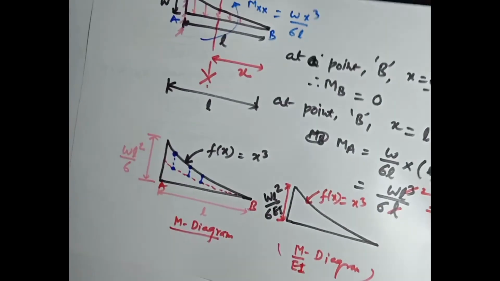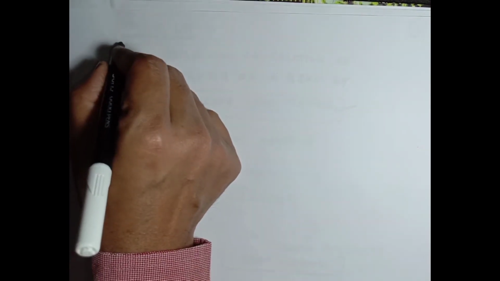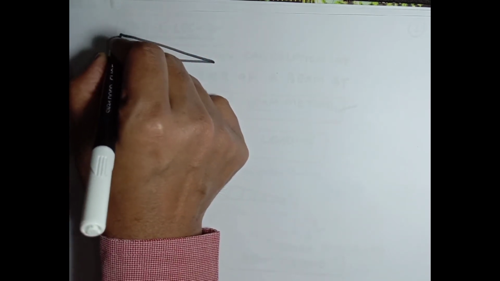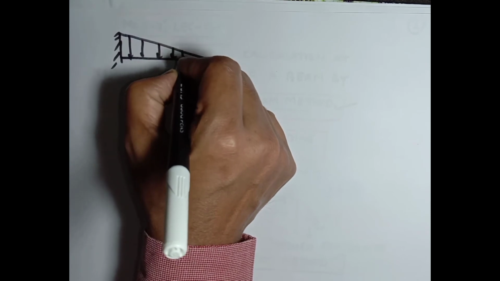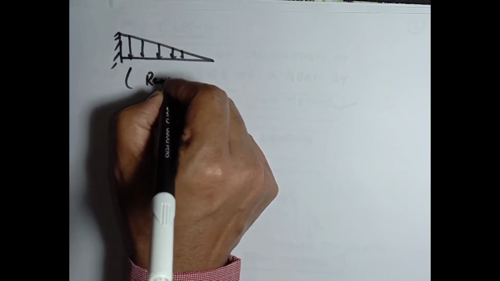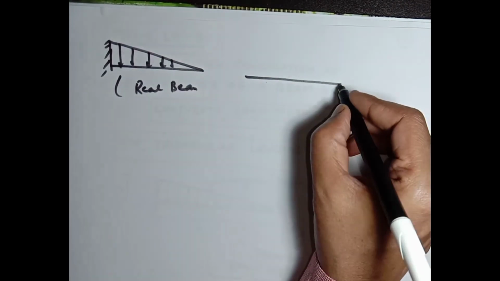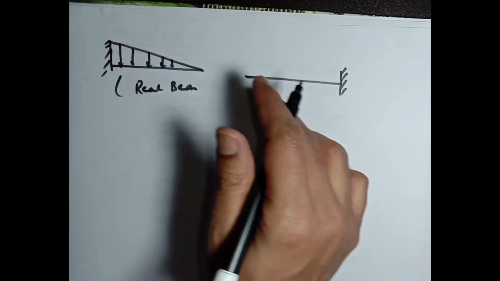Now, the real beam is here, subjected to this triangular loading. In the conjugate beam, the free end will become a fixed end, and the fixed end will become a free end.